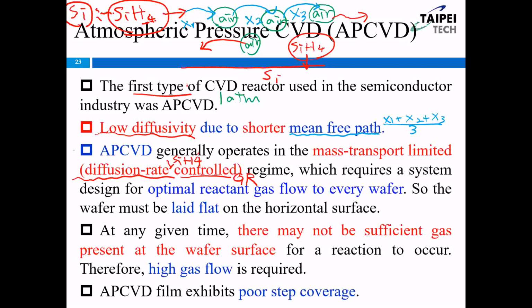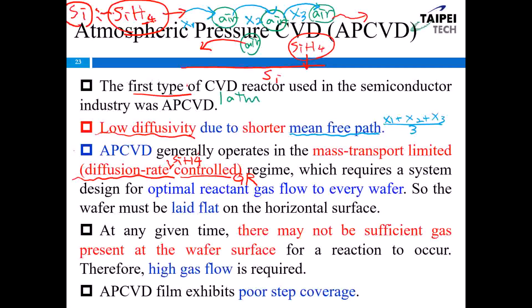Because we don't have enough silane on the top of the silicon wafer, that's the reason we say right now the mechanism will be diffusion rate control. Diffusion rate of the silane controls the growth rate of the silicon, okay?